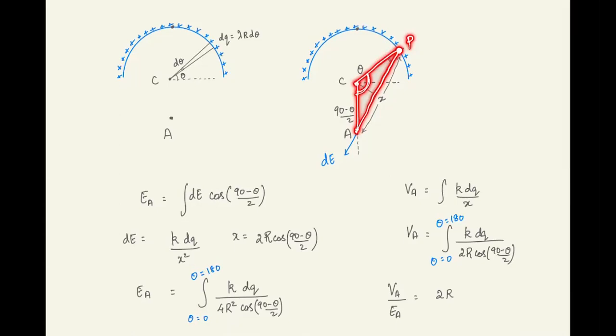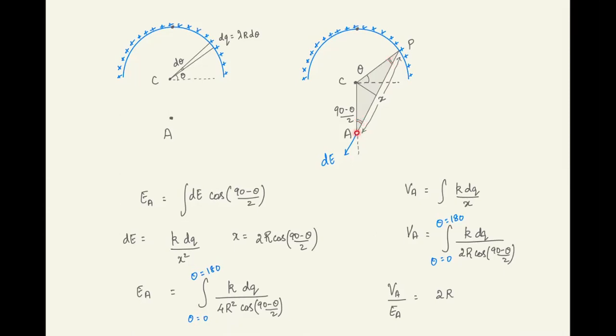If that angle is 90 plus theta, then we can find angle CAP. So angle CAP would become, using some property, 90 minus theta by 2. Angle CPA will also be (90 minus theta) divided by 2.